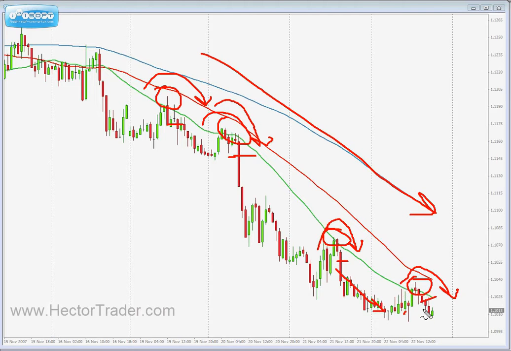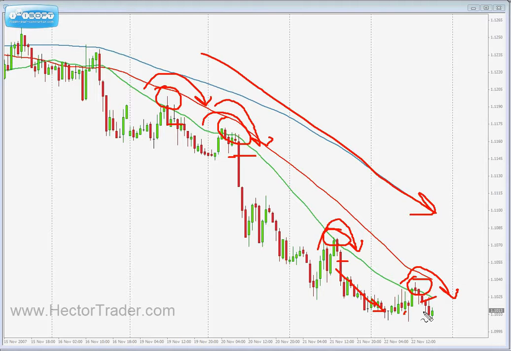You are basically stacking up chances, odds on your side, and that will increase your win-loss ratio. Instead of scoring a 50-50, you will be trading on a 60-40, 70-30, 75-25, 80-20. You are stacking up chances in your favor.